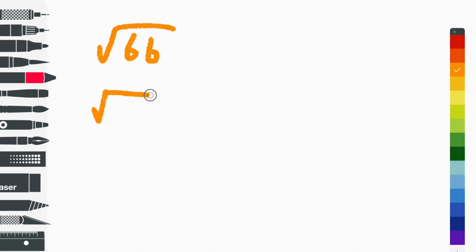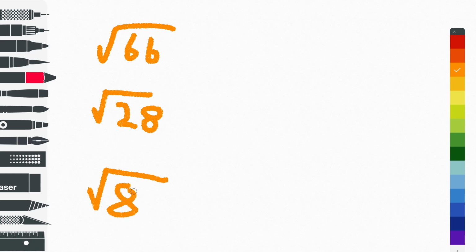Also, solve what the square root of 28 is. That's another one, and one more. Here's a harder one. What is the square root of 89? Try to solve these 3 problems, and I'll give you a second to work it out, and give me your answers at the end in the comments.